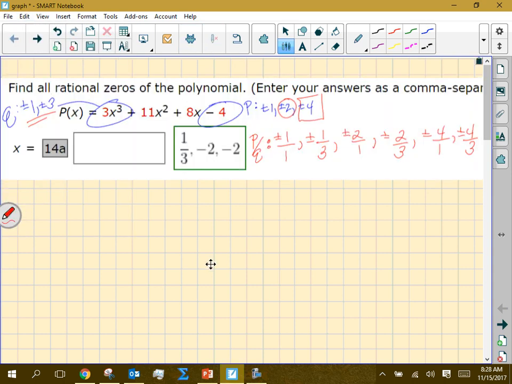All right, so the next thing we're going to do, and you've got some choices. My suggestion to you is probably to graph this thing: 3x cubed, 11x squared, 8, and then negative 4.